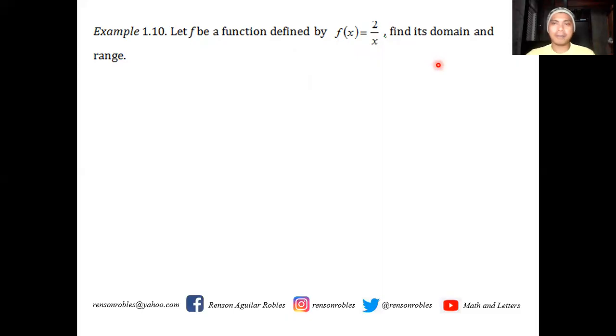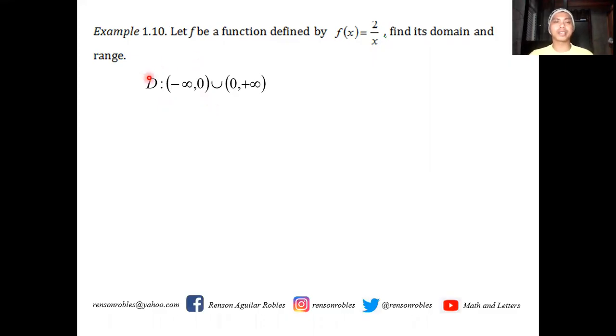Because when the denominator is 0, the function f of x is undefined, because we are taught that dividing by 0 is undefined. Which means we will be excluding 0 from the set of our domain. So the domain of this function is the interval negative infinity to 0 union the interval 0 to positive infinity, or this is the same as the set of real numbers except 0.